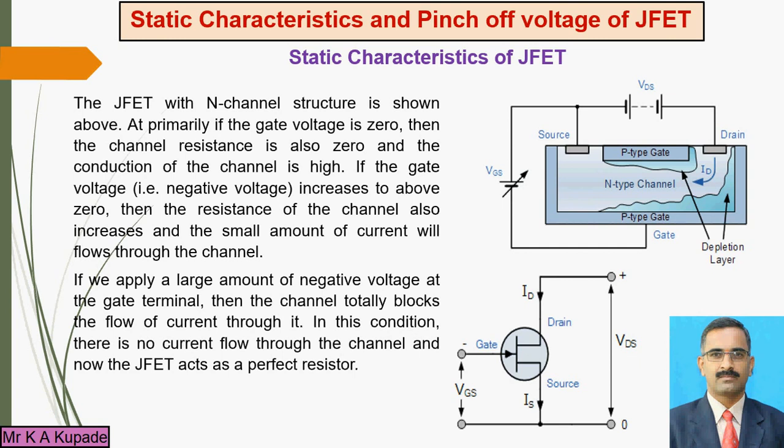Here I already said that I am increasing VDS from 0 to some higher value, which is why the entire current is flowing through the channel. Now, if I apply a voltage between the gate terminal and source, that means I apply a negative voltage to the gate terminal, so that the PN junction is reverse biased.